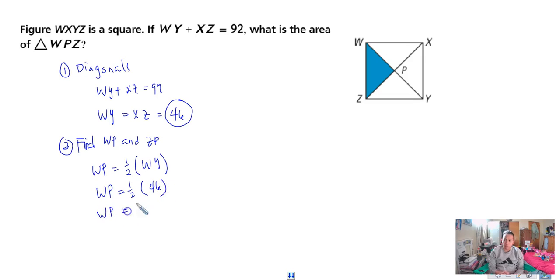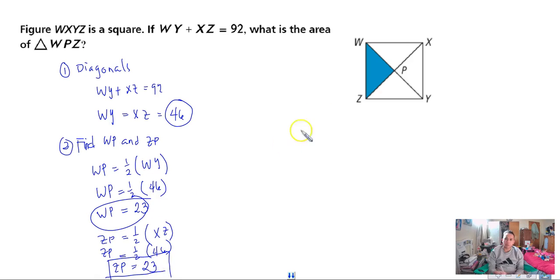Therefore WP is equal to 23. The same with ZP. Your ZP is equal to 1/2 of XZ, therefore ZP is also equal to 1/2 times 46. So ZP is equal to 23. So we already know that WP is 23, ZP is 23.